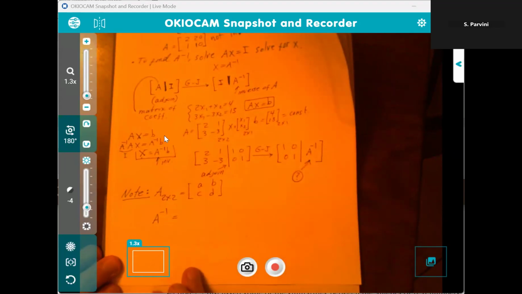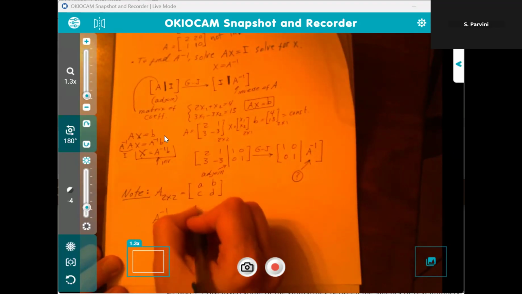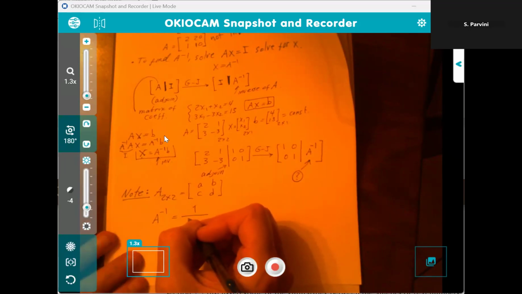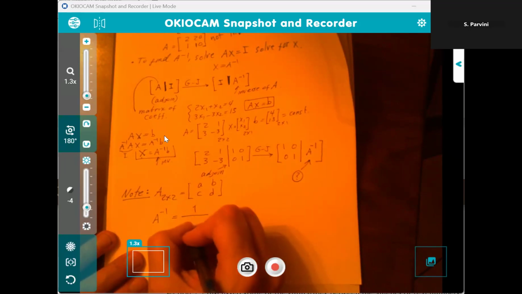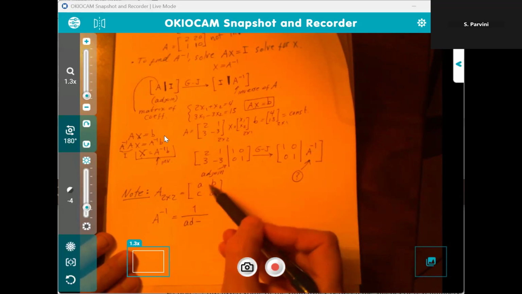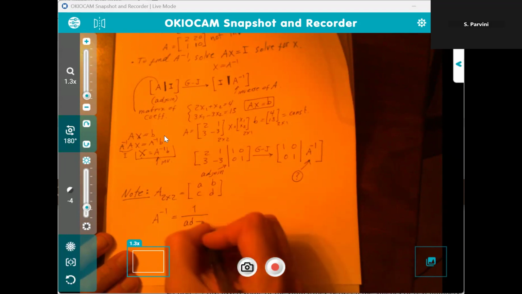The 2x2 formula looks like this. You go 1 over, we multiply the diagonal entries a and d together, so it's ad, and then minus, we multiply the off diagonals b, c.